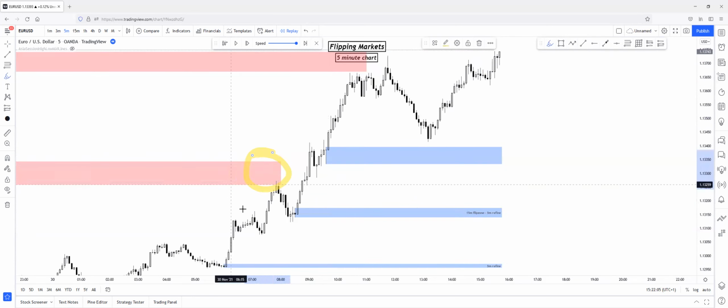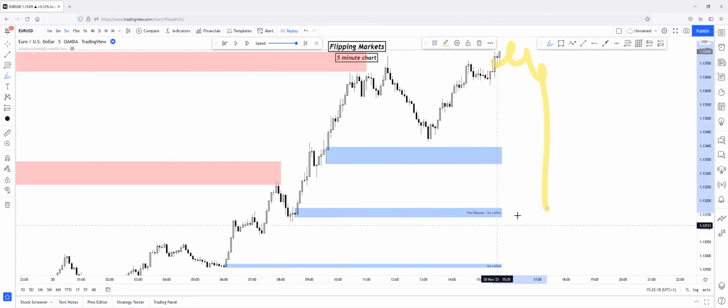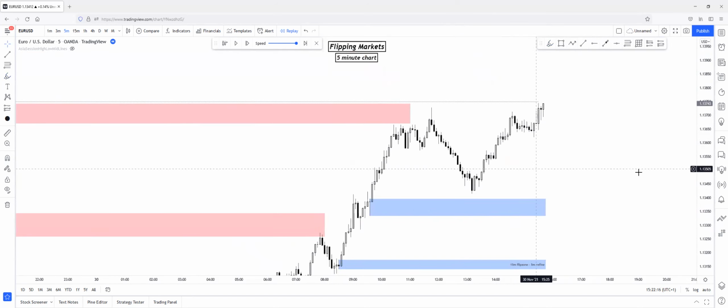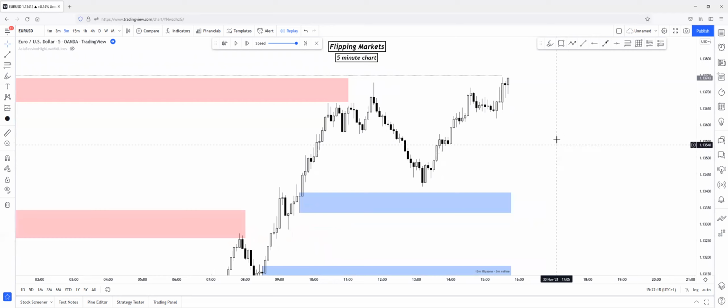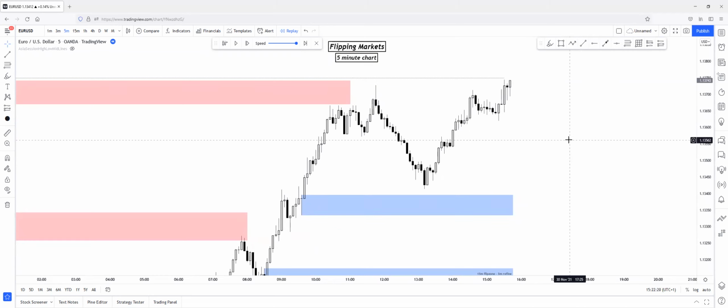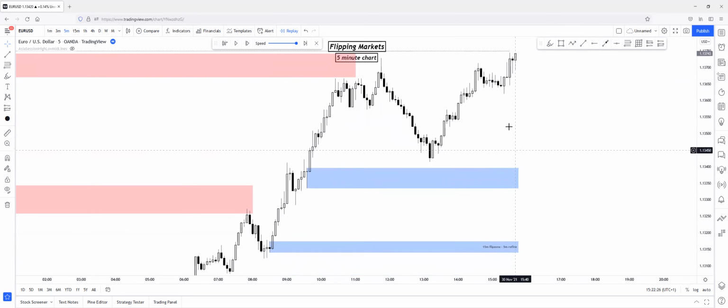It flipped the 15-minute supply zone. So I believe if we enter in shorts, we will target this 15-minute flip zone. So actually you can mark out more 5-minute zones if you'd like to, but in this case, I find it unnecessary. So let's just skip this part and jump to the next point.